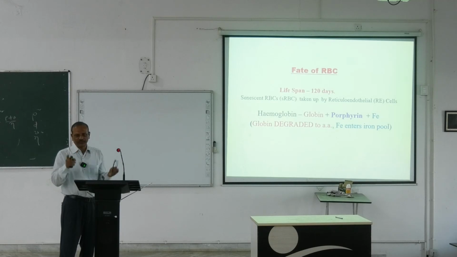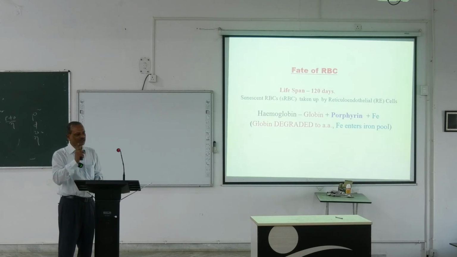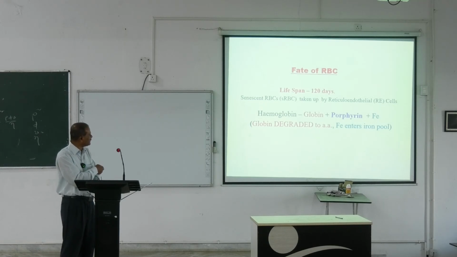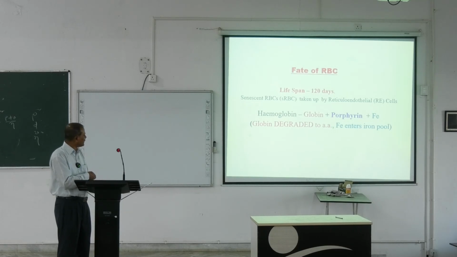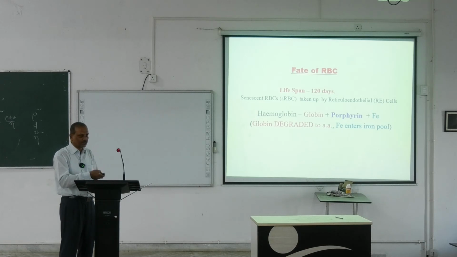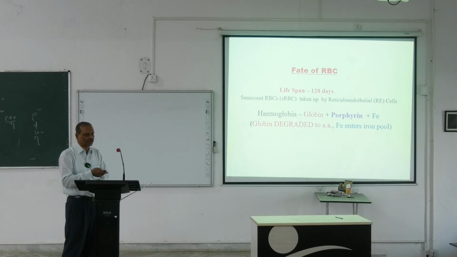So there are some morphological appearances by which an aged person can be detected. The same thing happens with the senescent RBC. So ultimately, when the RBC is broken down, three things are obtained. One is globin, which is degraded into amino acids and goes into the amino acid pool. Porphyrin is broken down into bilirubin, and iron enters the iron pool also.